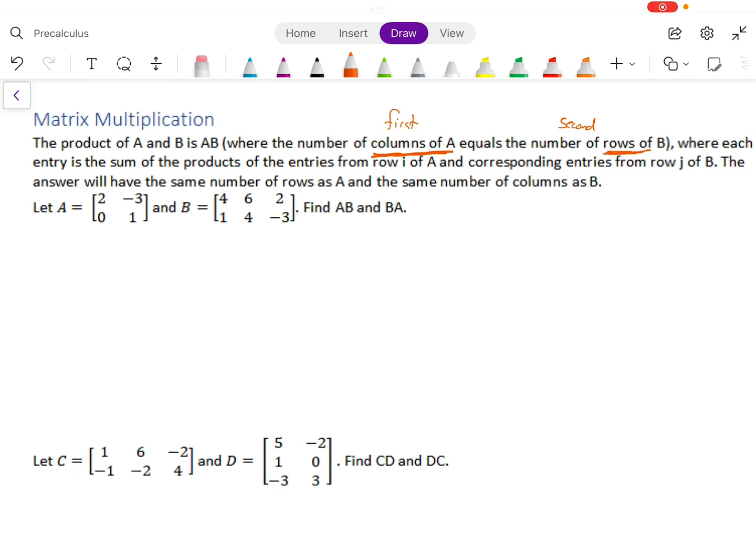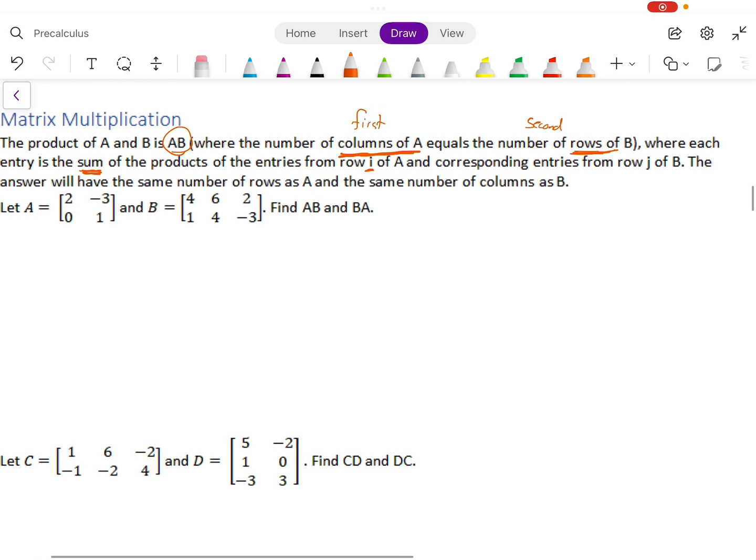Where each entry in the product is the sum, so we're going to add some things together, of the products of the entries from row I of A and the corresponding entries from column J of B. This should not say row, actually, this one's wrong. Columns.